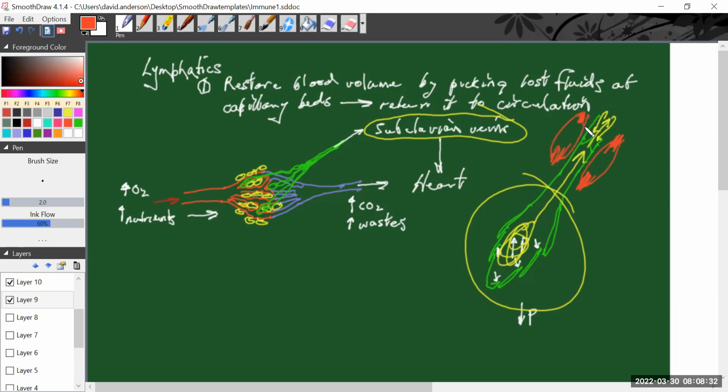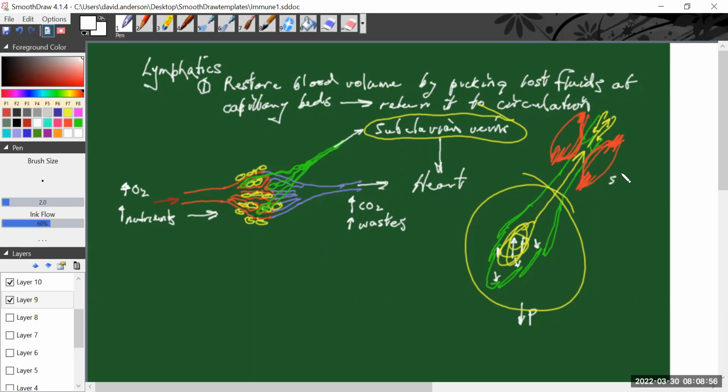And every time a muscle contracts, it gets fatter and it squeezes the vessel. That's going to push the lymph through the one-way valves and they can't come back. So the more active we are, the more movement there is in lymph. That's called a skeletal muscle pump.